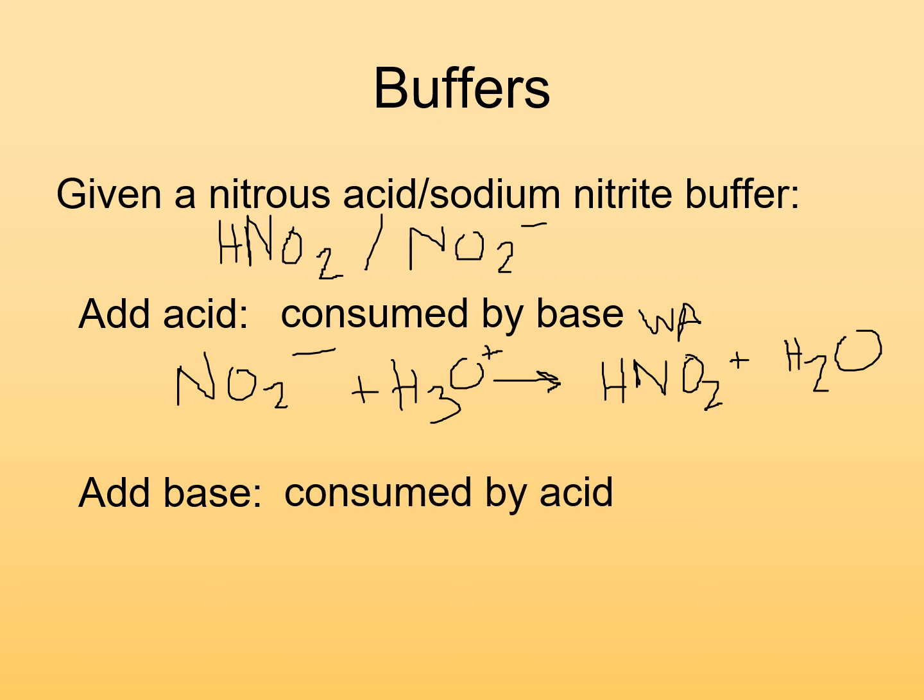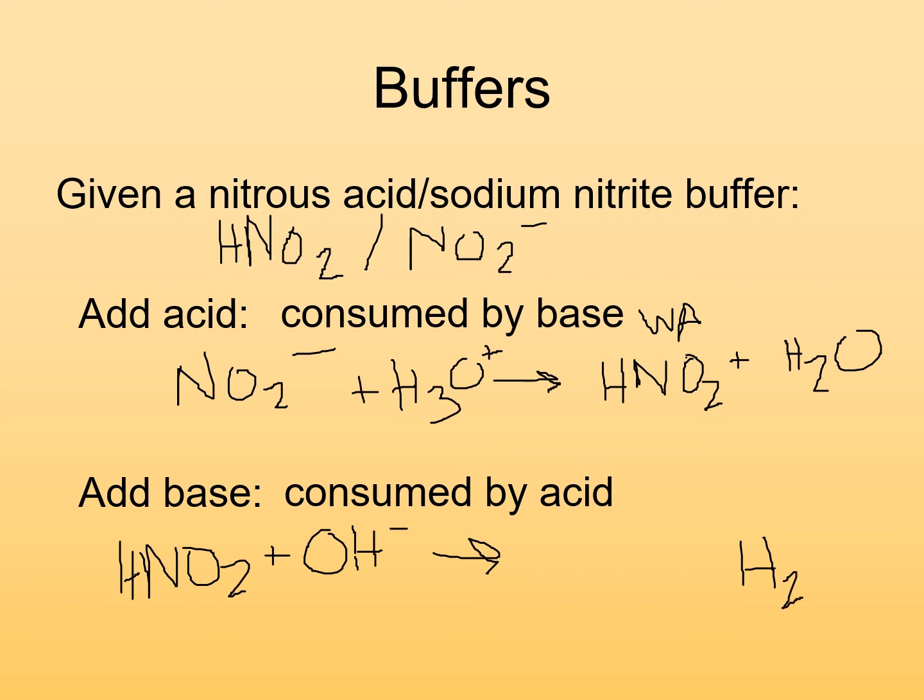On the flip side, if we add a base to our buffer solution, it will be consumed by the acid. So our acid is the nitrous acid, the HNO2. That's going to be added to our base, which is going to have hydroxide. And this will produce a weak base, so that hydrogen is going to react with the hydroxide to produce water.